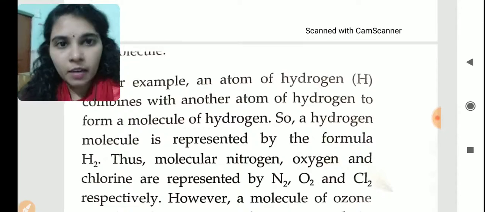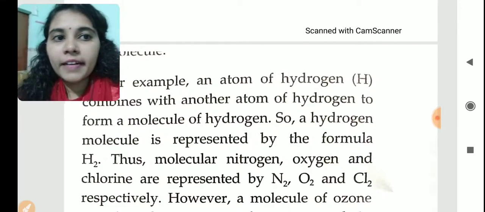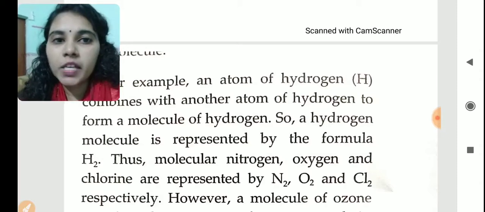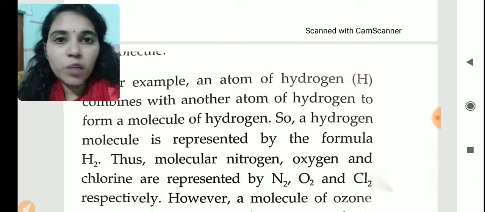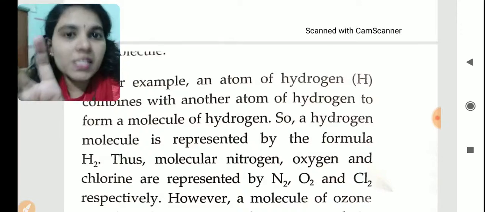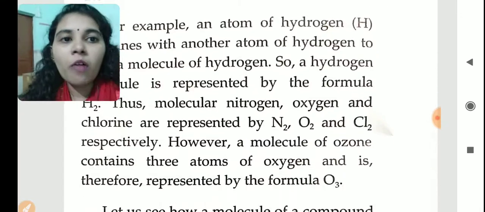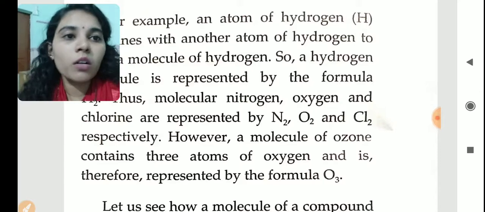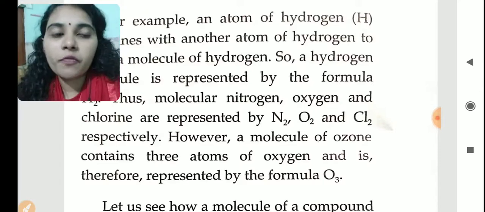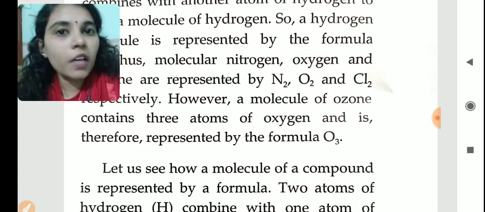Thus, molecular nitrogen, oxygen and chlorine are represented by N2, O2, Cl2, etc. It will not be any other number. There is a fixed number for a molecule. However, for the molecule in the ozone layer, you have studied ozone, the formula is O3. That means 3 oxygens will be there.